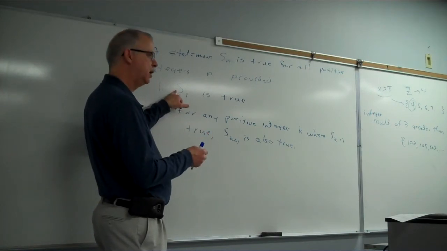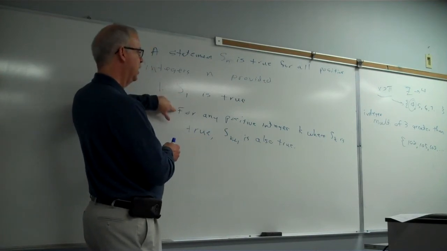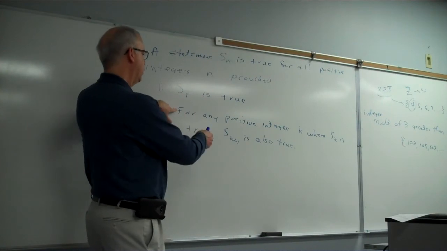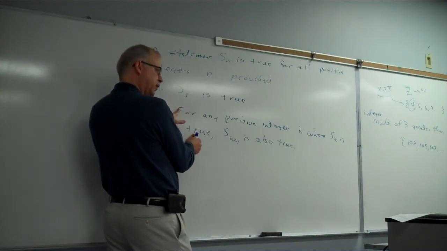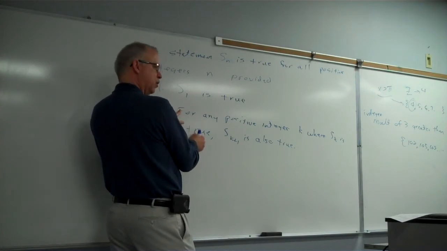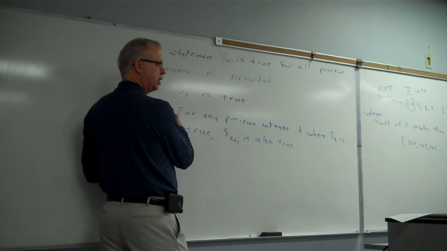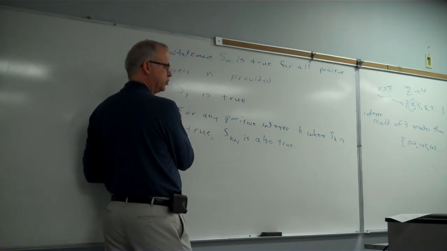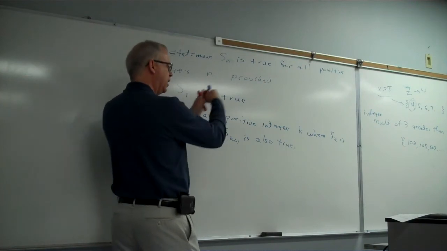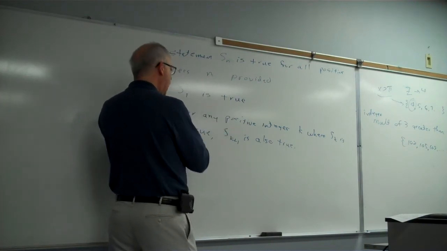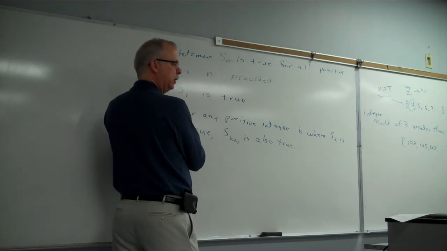So we start, and if S1 is true, and we can prove that, then S2 has to be true. Then 2 is true, so 3 has to be true, 3 gives 4, 4 gives 5. But we do this much more in general. We don't look at 2 implies 3, 3 implies 4. We look at it as S sub k implies S sub k plus 1, and that works regardless of what step we're at.